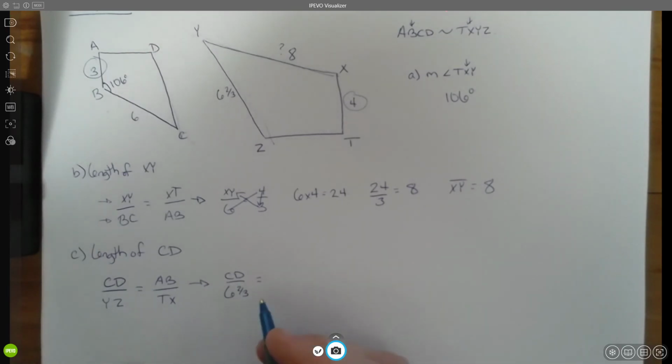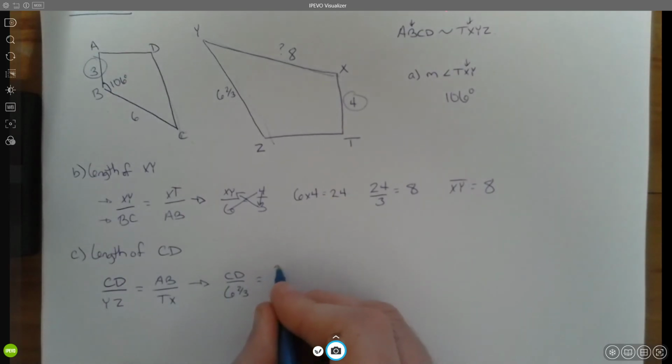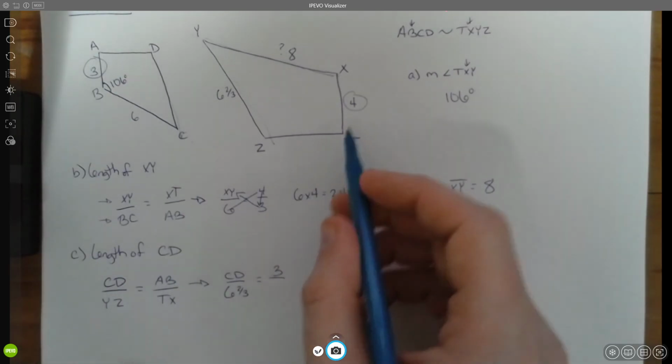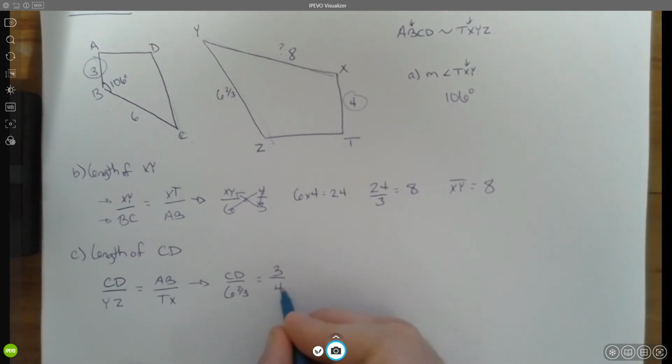If you'd rather round that, you can. You can change that into a decimal. You could just say that's 6.6 repeating, or even 6.7 if you need to round that. But for now, I'm going to keep that as a fraction. So equals AB, we know to be 3, and then X we know to be 4.